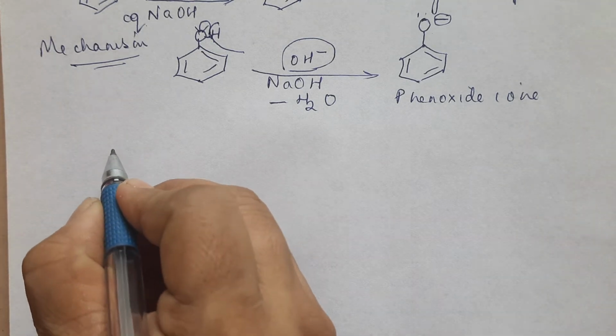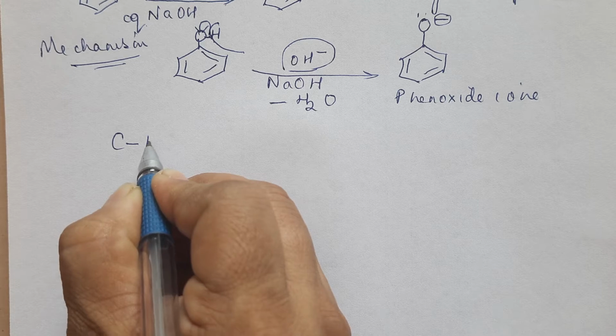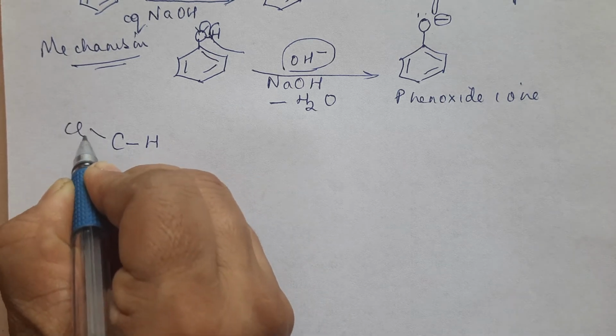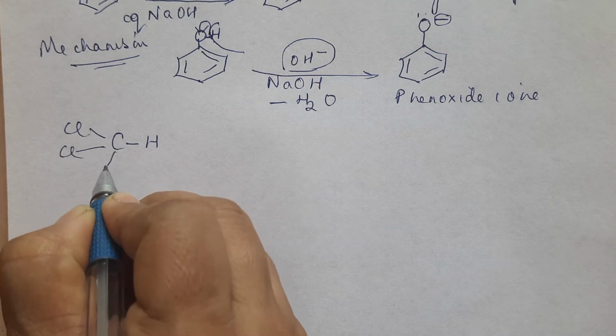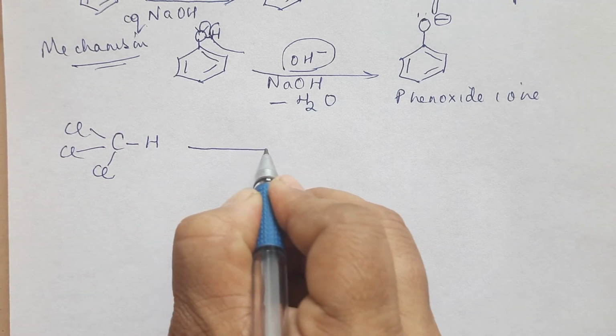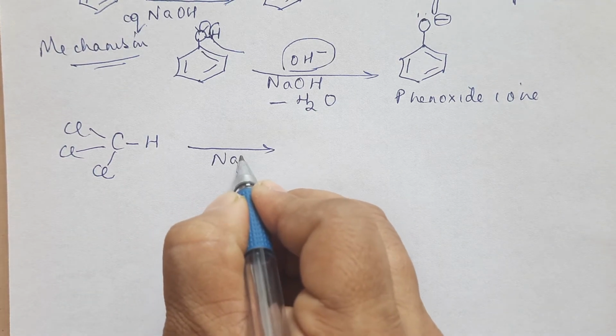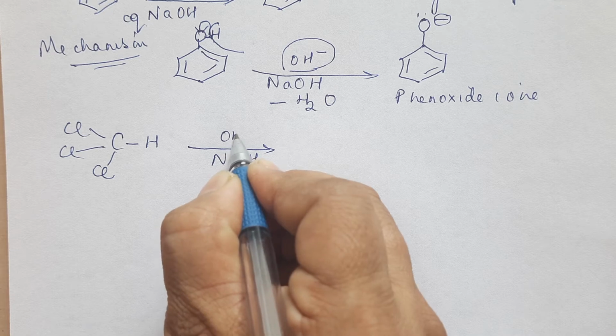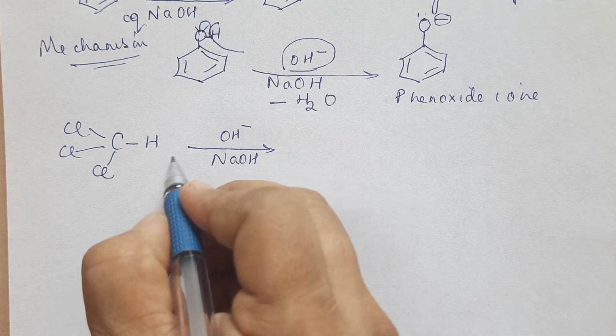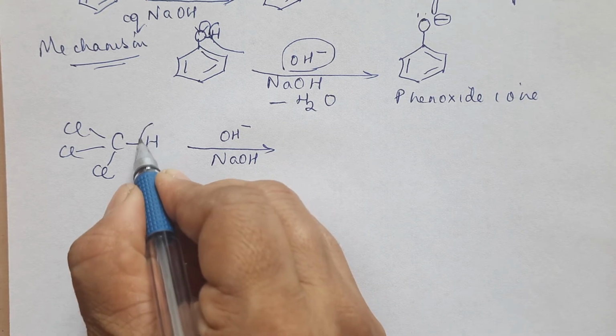Then in the next step, what exactly happens is, this is chloroform, CHCl3. Right? So there is again NaOH. So OH minus of NaOH will try to take this H from here.